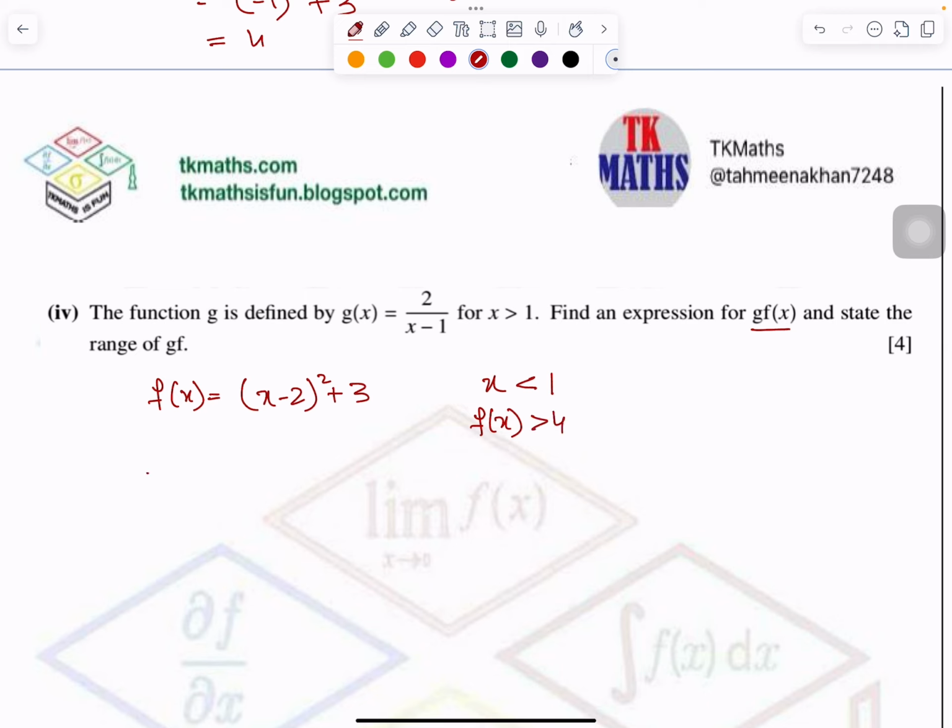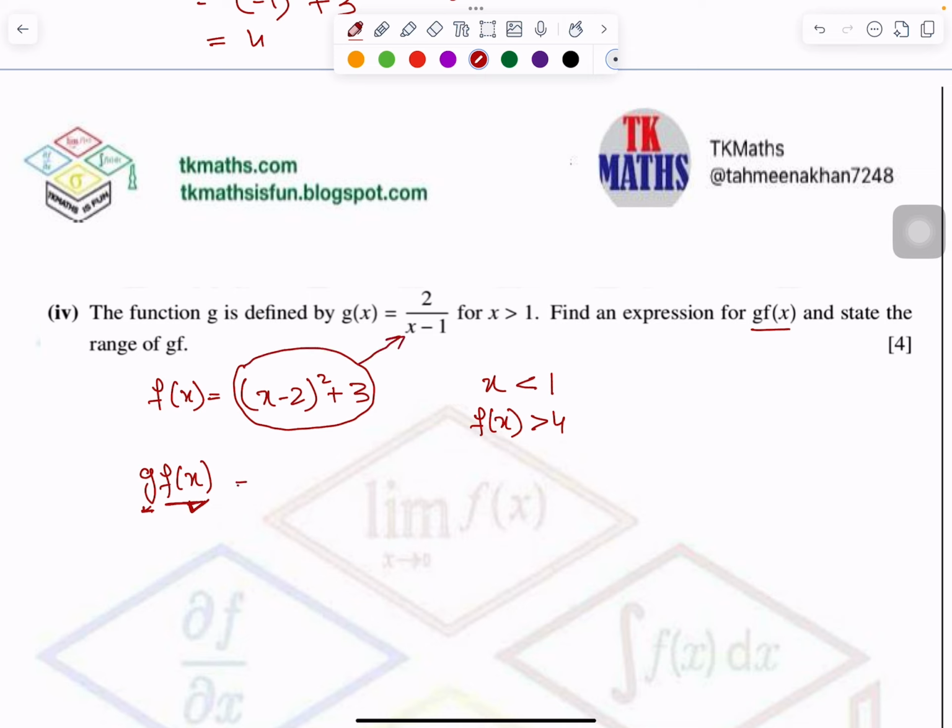When you have to find out the expression of g of f of x, this is your inner function and this is your outer function. Or it is also called f of x the first function, g of x the second function. So what happened in that case? You substitute the inner function into the outer function.